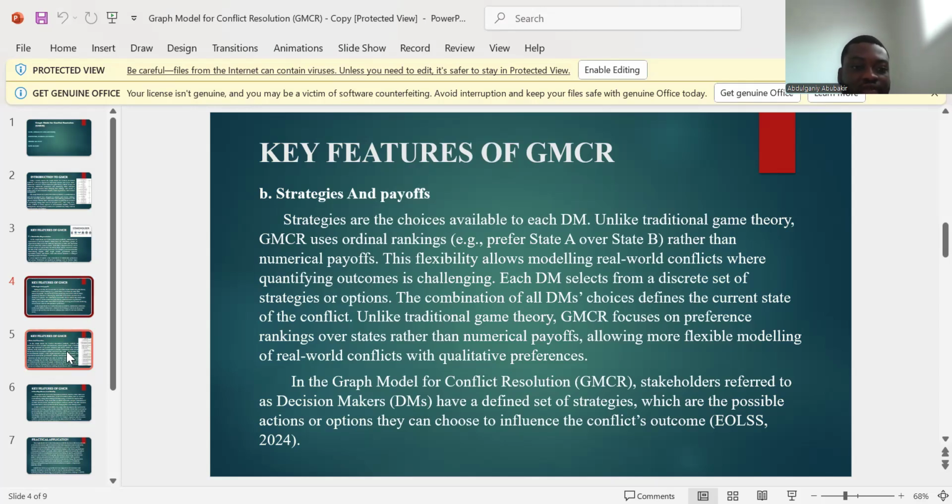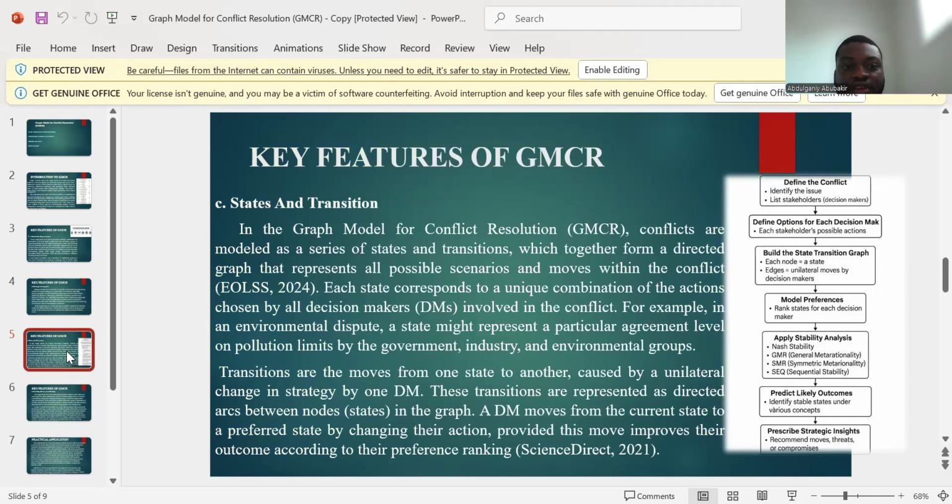Another key feature is states and transitions. States represent all possible combinations of decision maker strategies, all combinations of the actions they've taken.